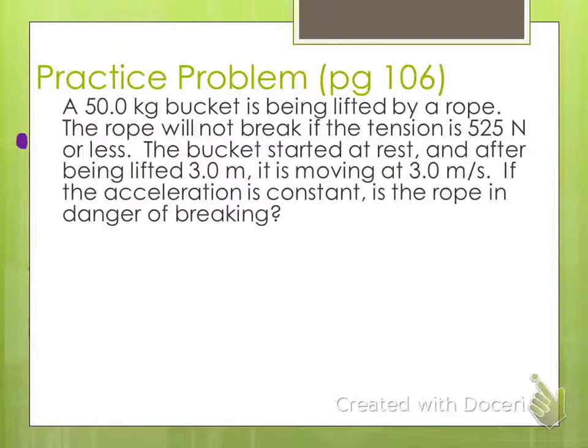Nate G, tell me one force that's acting on it. FT. Okay, good. And which direction, up or down? Up. Good. Our tension force is going up because the force due to tension, the rope, is trying to keep that bucket upright. It's trying to lift it.